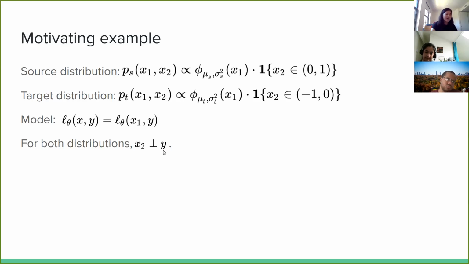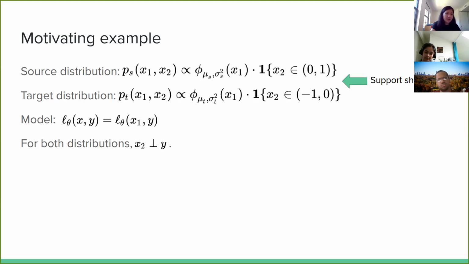This is a pretty silly distribution shift problem, but there's clearly support shift on x2. In the source distribution, x2 is only defined from 0 to 1, and in the target distribution, it's only defined from -1 to 0.